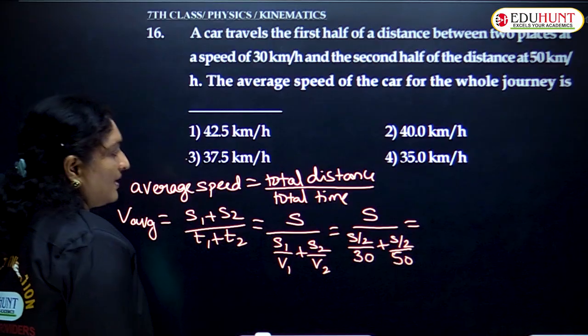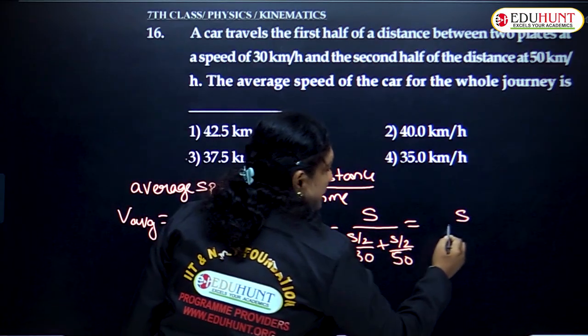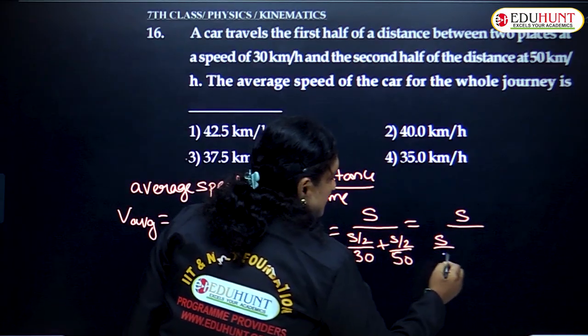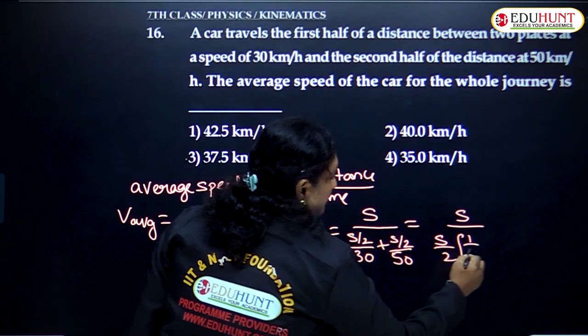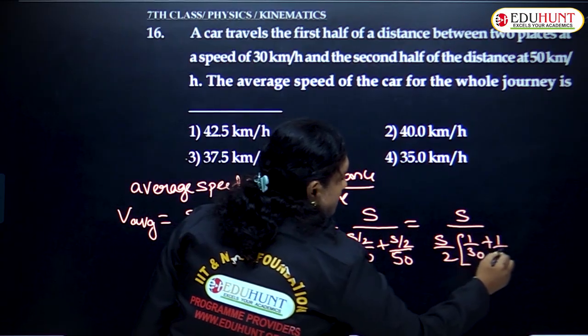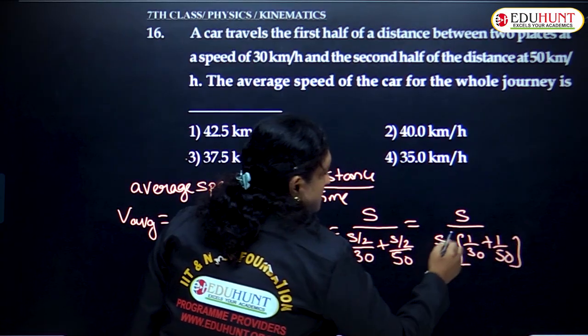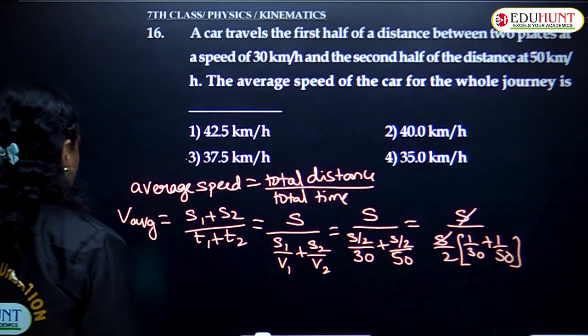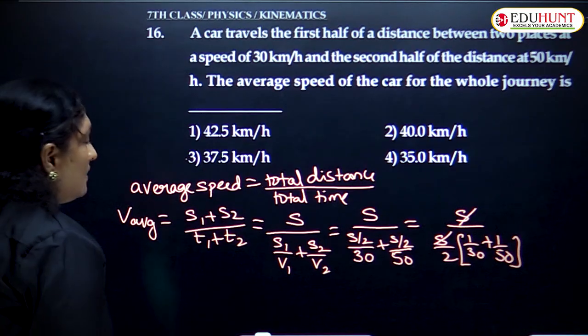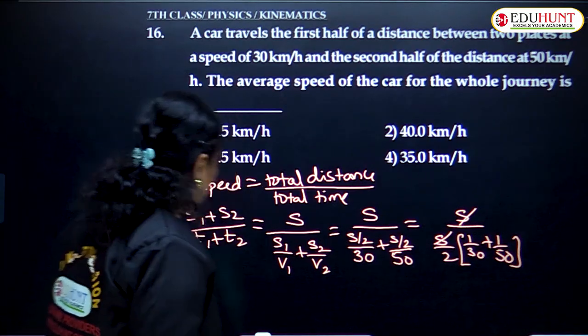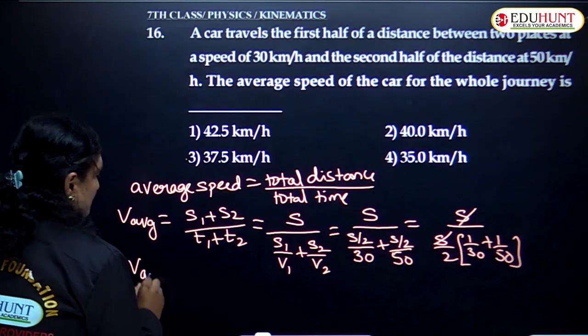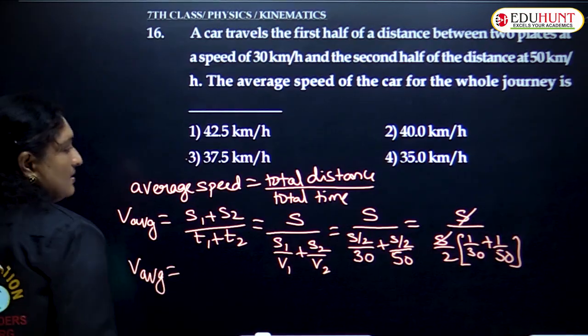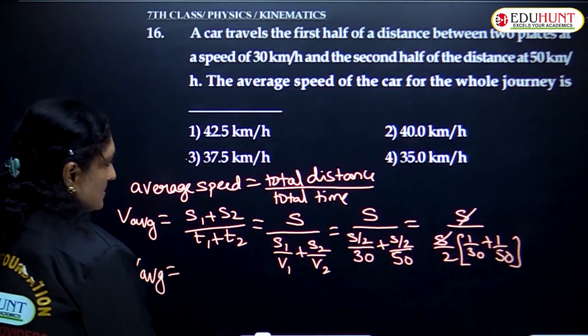So if you simplify this further, how much will you be getting? S by 2 is taken common, then you are left with 1 by 30 plus 1 by 50. This S and this S will get cancelled. If you simplify this further, the average speed will be equal to, so what is this, children?